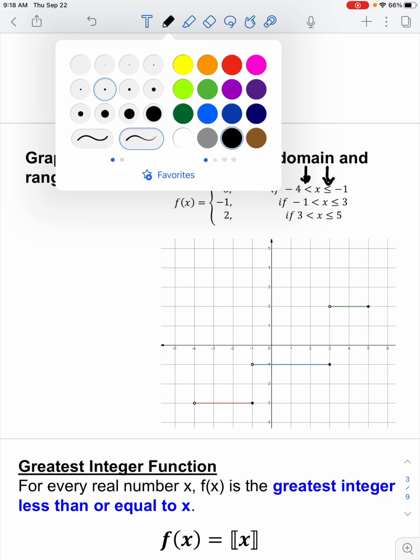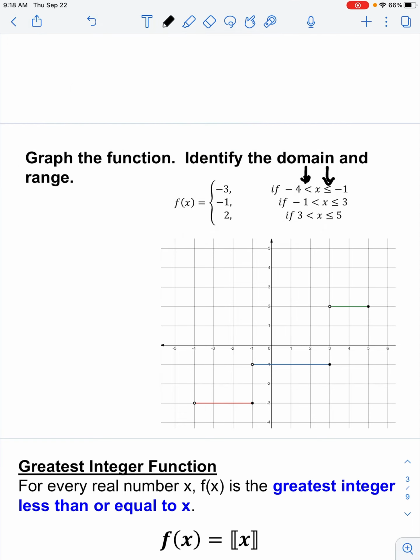As far as the domain and range, the domain of our function is going to be all of the values that occur between -4, because the first step where y is -3 starts at -4.